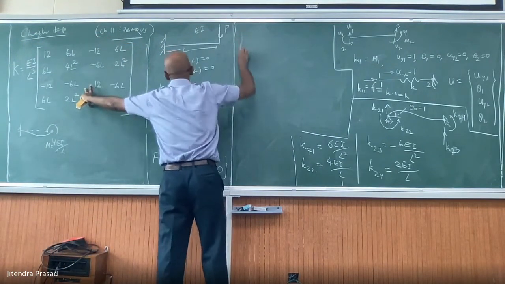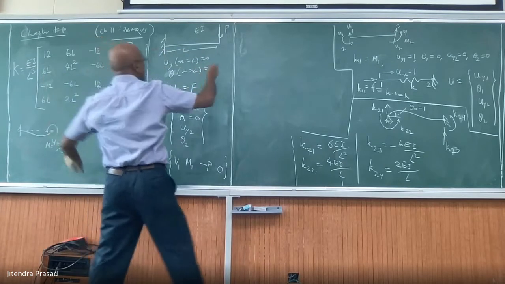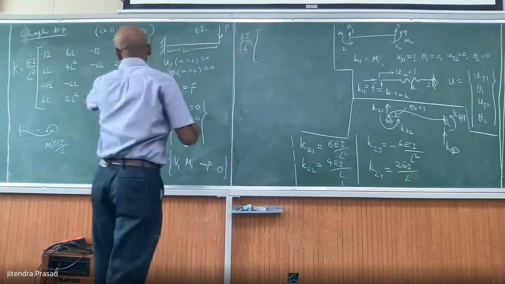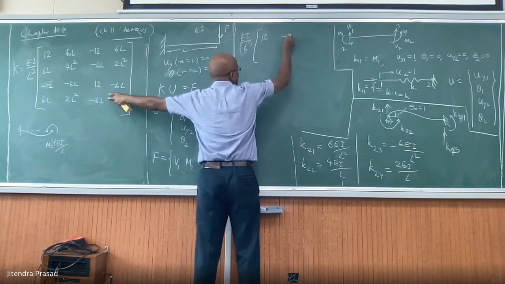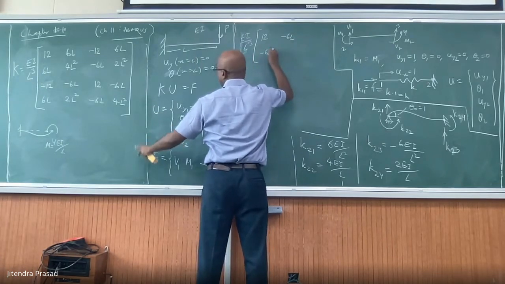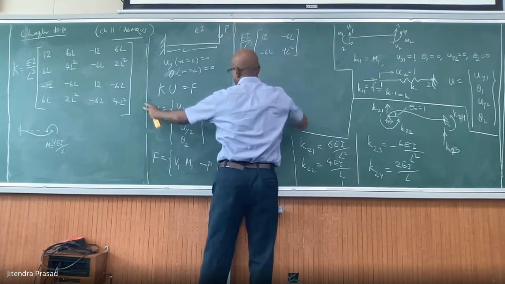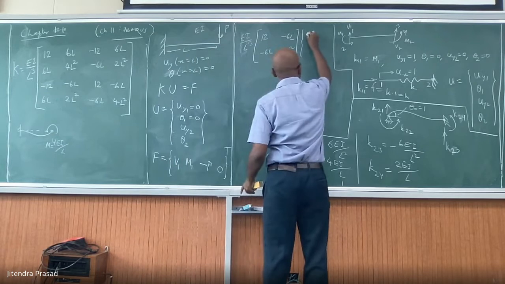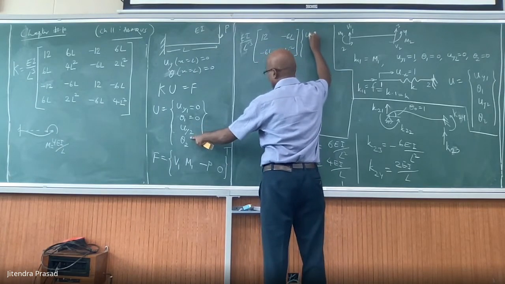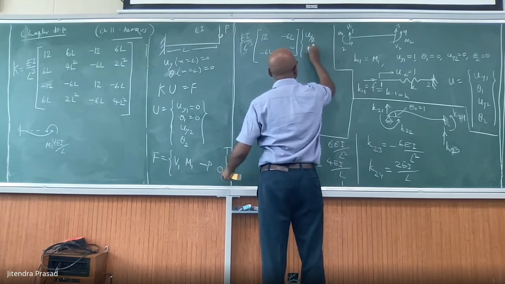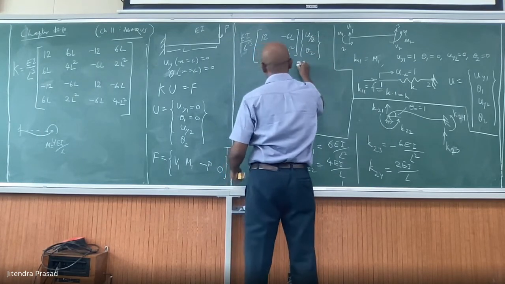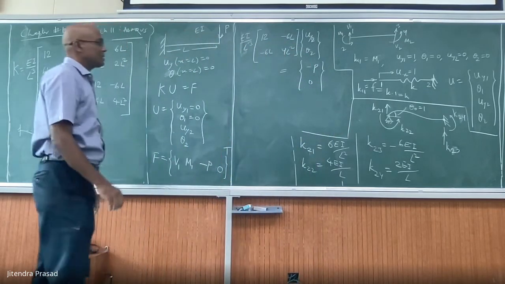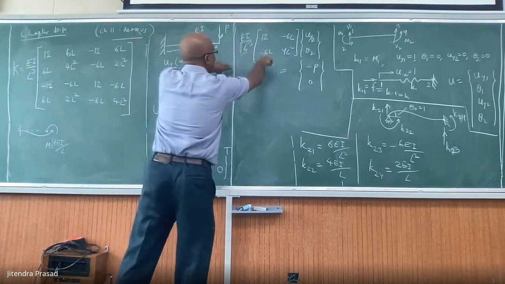We just write EI over L cube, and then you have 12, minus 6L, minus 6L, 4L square, multiplied by Uy2, theta 2 transpose, is equal to minus P.